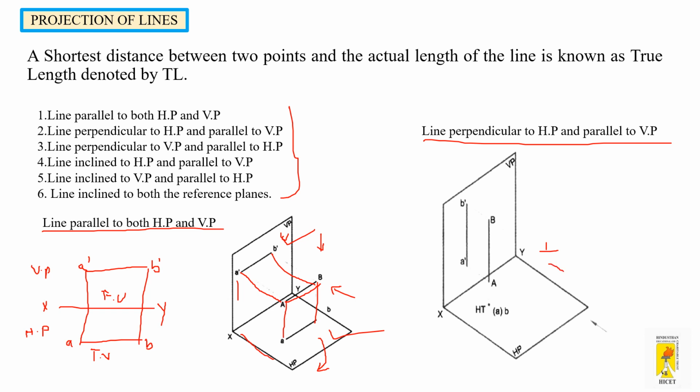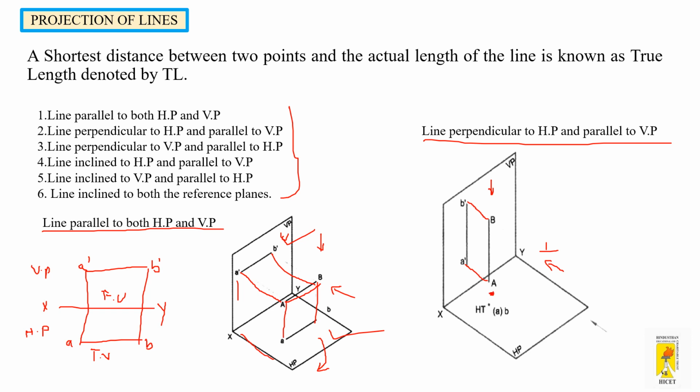If someone views from this side, that is the front side, the line will be projected on the VP to get the front view of this line. And suppose someone goes to the top and views the line AB from the top, he or she can only see a point.